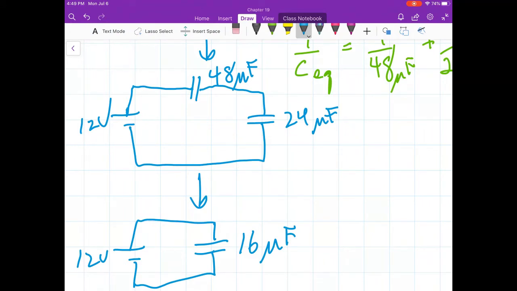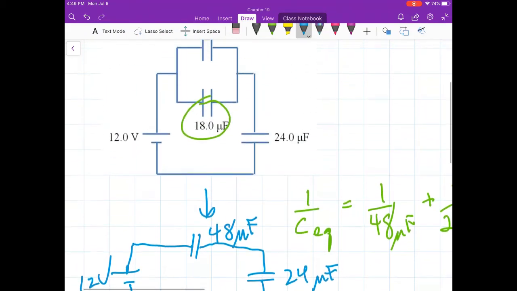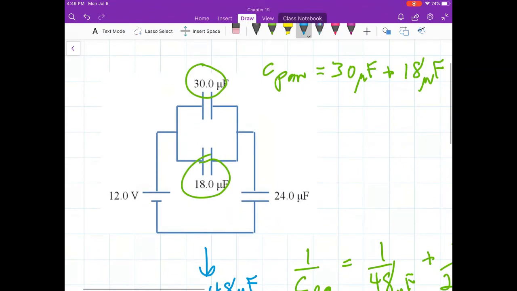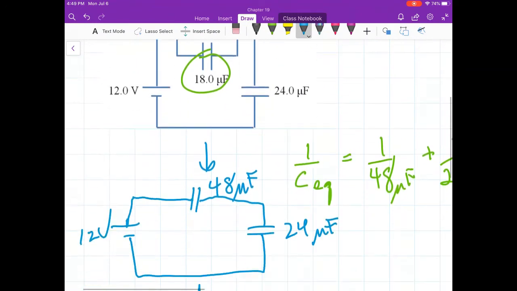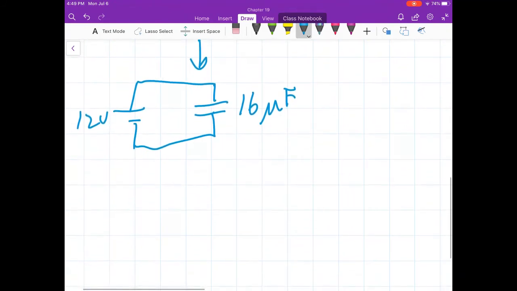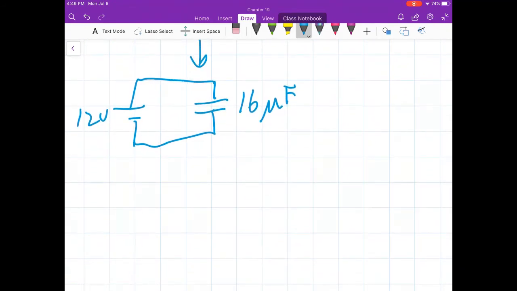Series allows you to get something smaller than what you started with; parallel allows you to get something larger. We took these three, a 30, an 18, and a 24, and now we have 16. So you can mix and match like a puzzle and get some particular value.